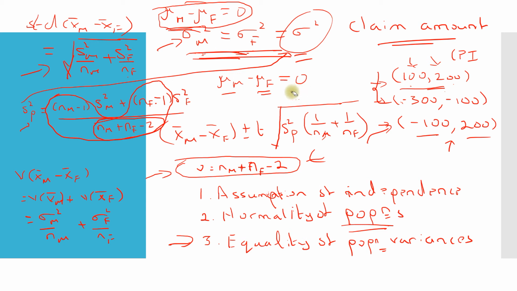But bear in mind that there is the word significant. It does not mean that we are taking it to be equal to 0 with 100% certainty, because there is always a level of uncertainty attached to your estimate. Right? Remember that the word significance in statistics does not mean important. It does not mean big.